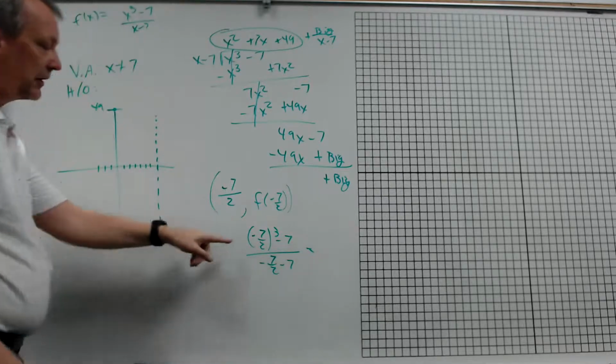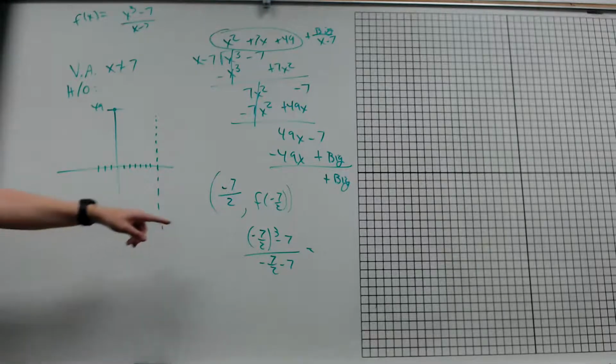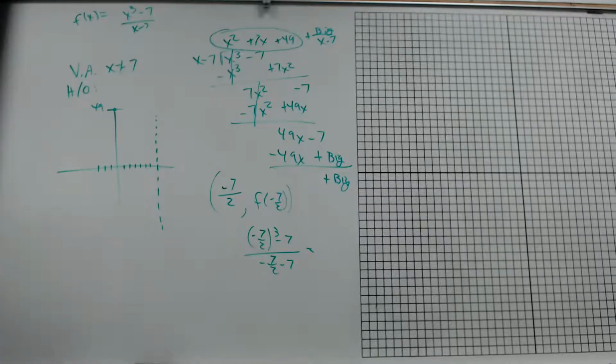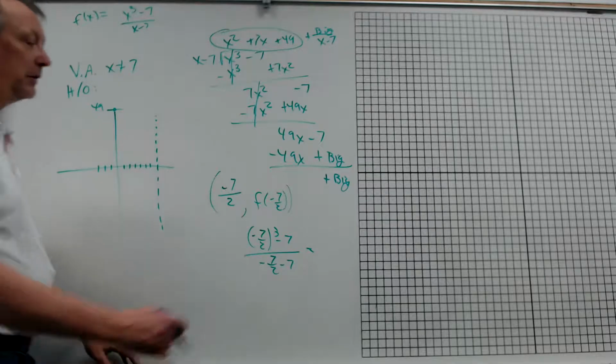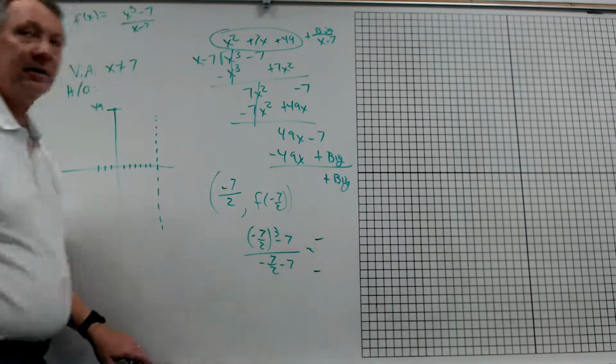Negative 3.5 cubed is what? Who's got a calculator? It's going to be a really negative number, divided by a negative number, so it's going to be positive.